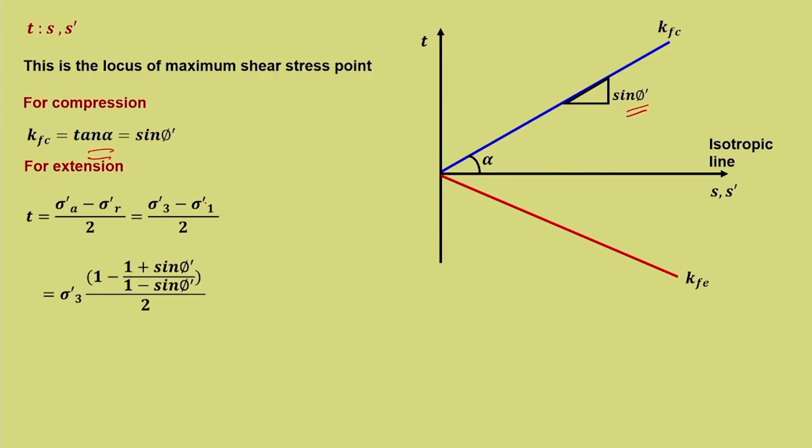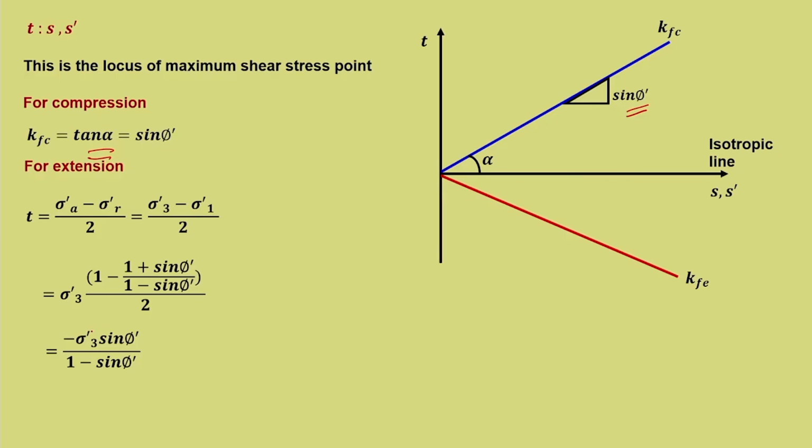So, that will give sigma 1 dash minus sigma 3 dash is 1 plus sin phi dash by 1 minus sin phi dash. So, it will be 1 minus (1 plus sin phi dash upon 1 minus sin phi dash) divided by 2. If you bring it here, it will be (1 minus sin phi dash minus 1 minus sin phi dash), so it will be minus 2 sin phi dash.